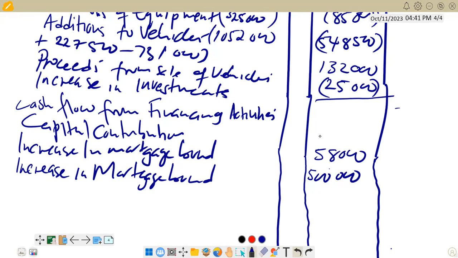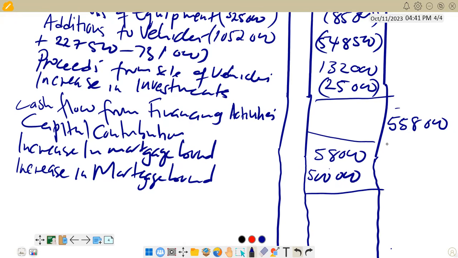So we are showing them as positive. So that's all we have on financing activities. Then we add to get the total, obviously the total is going to be a positive, which is 558,000. Right. So that's what we have.